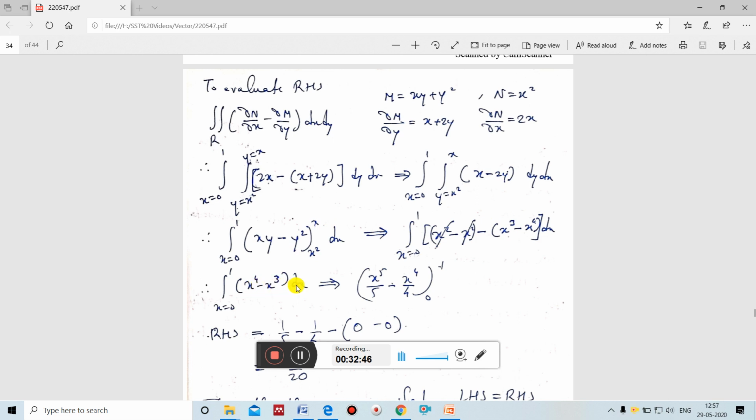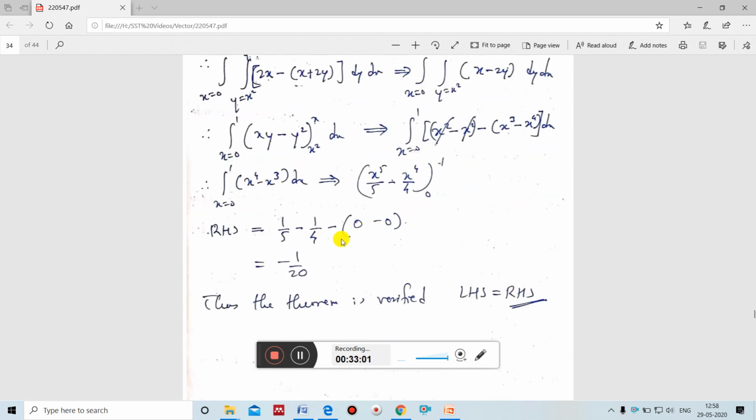Again integrate with respect to x: x⁴ integrates to x⁵/5 minus x³ integrates to x⁴/4. The limits are 1 to 0. If you put the upper limit 1, it is 1/5 - 1/4; if you put 0, that will be 0. On simplifying, we get -1/20.